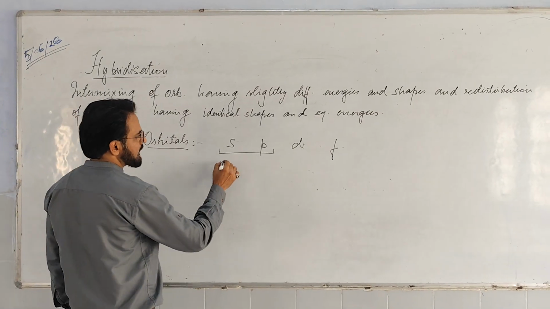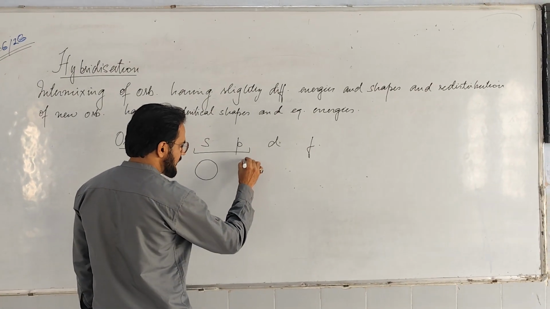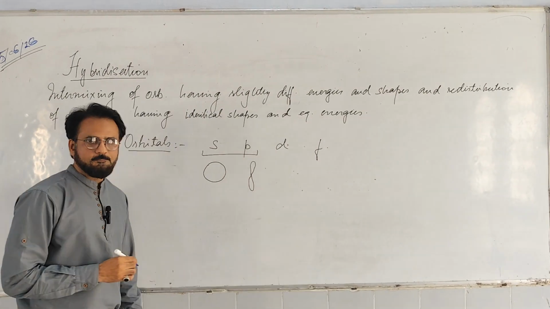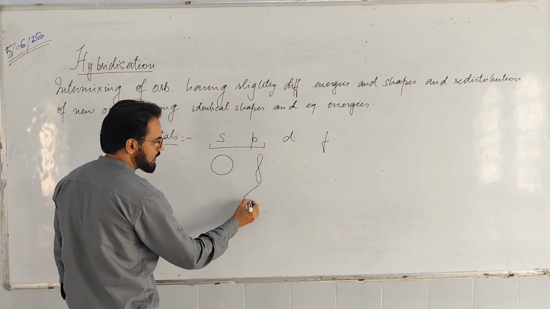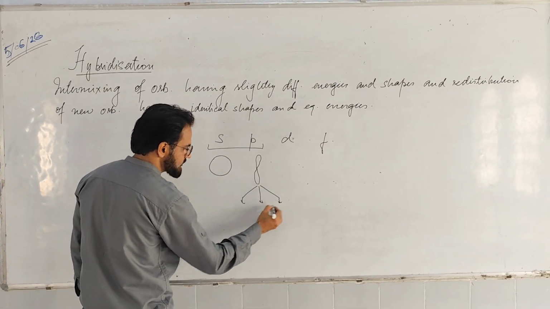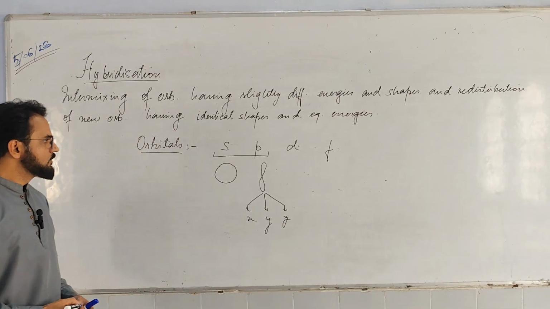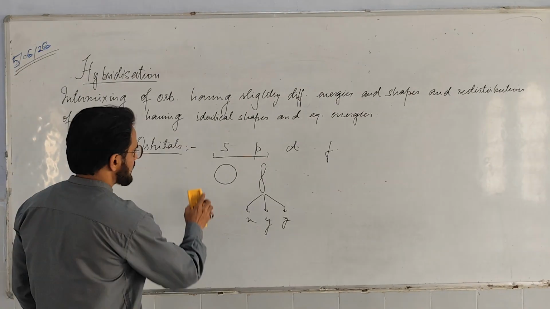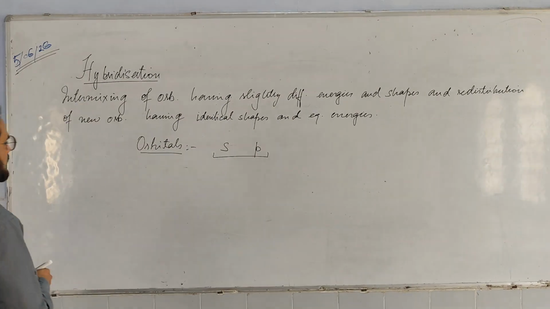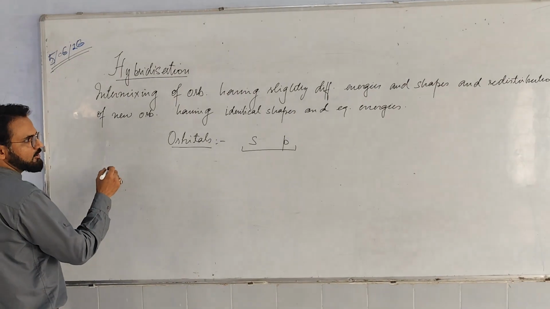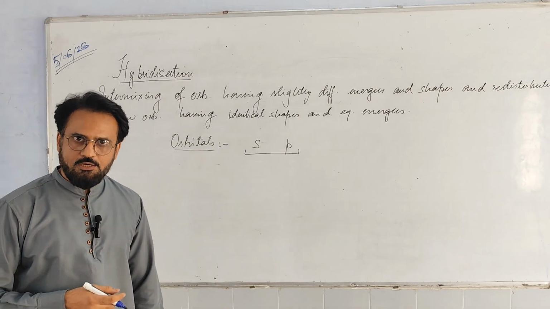The shape of the s orbital is spherical and the p orbital is dumbbell-shaped. The p orbitals lie on three axes: x, y, z. So these orbitals can change their shapes and energies.